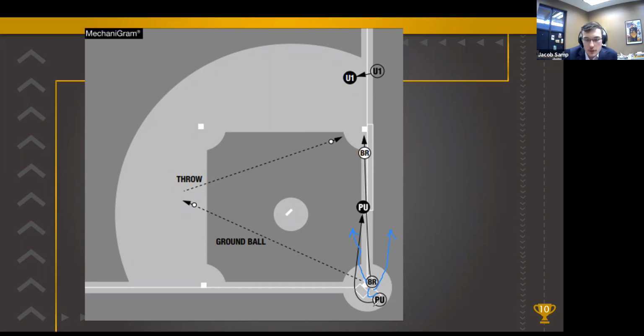Now this graphic, as far as what I do, is a little bit exaggerated. I'm not going to get up to the front corner of the right-handed batter's box. Typically I'll let the catcher get out of my way. I got to see where the ball is going. I got to see what responsibilities I have. I'm not moving on contact.